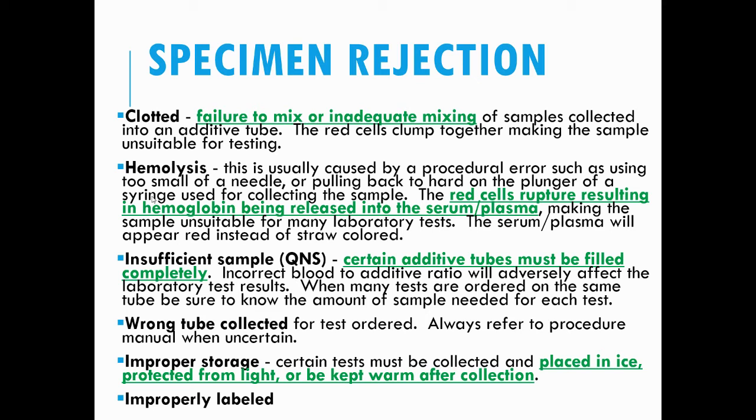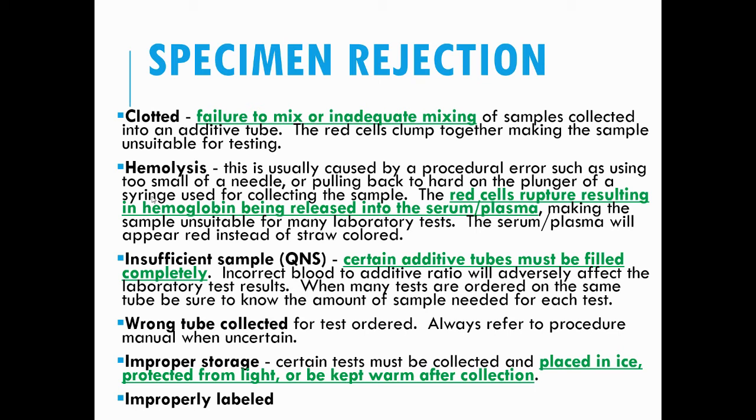If you pull too fast, red cells rupture, resulting in hemoglobin being released into the serum or plasma, causing hemolysis, so it is unsuitable for testing. So when pulling the plunger in the syringe method, pull it slowly.